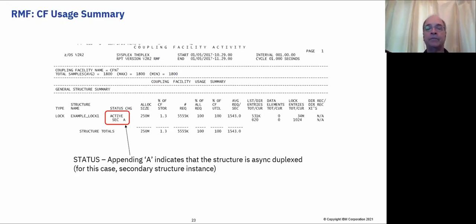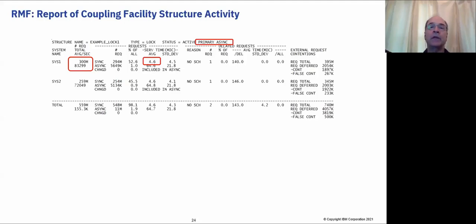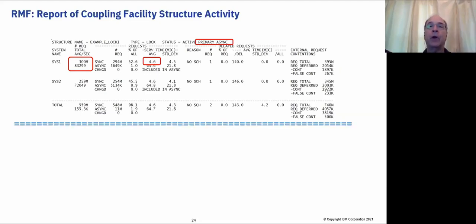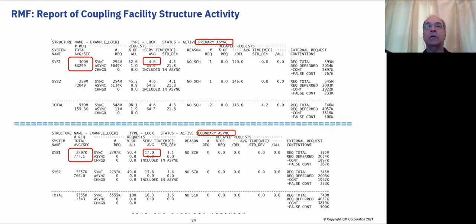So that little red rectangle will look different in your reports. These red rectangles also look different. If it's the primary structure instance, we'll call it primary async. And then I've got the two values here, which we'll talk about in a second. And then below the bar, we're going to have the secondary structure, right? That red rectangle, which is slightly off center for some reason, indicates that's a secondary structure in an async relationship.